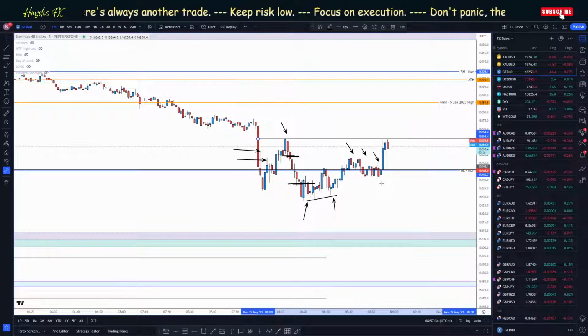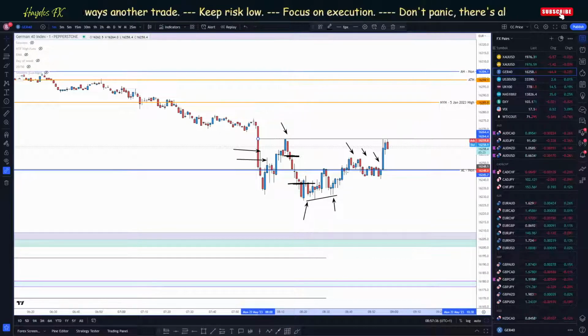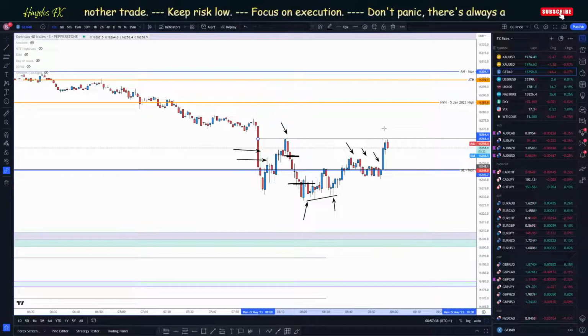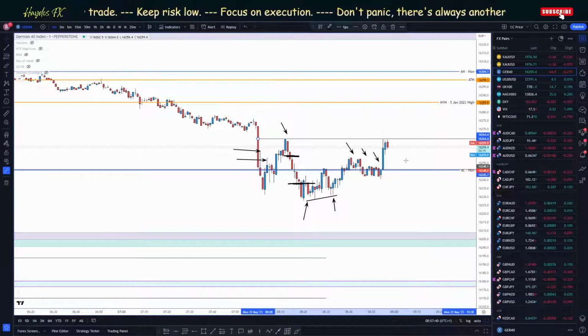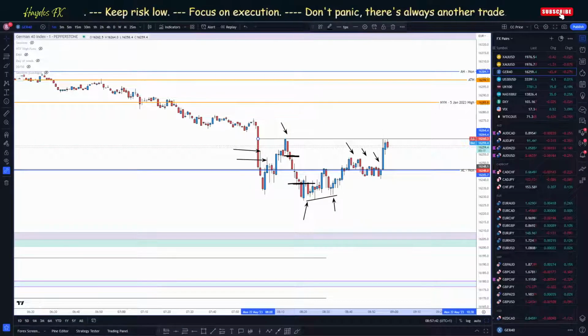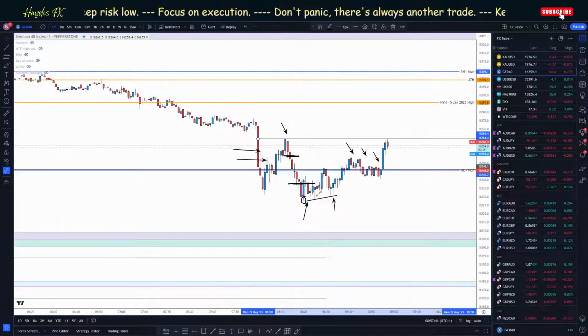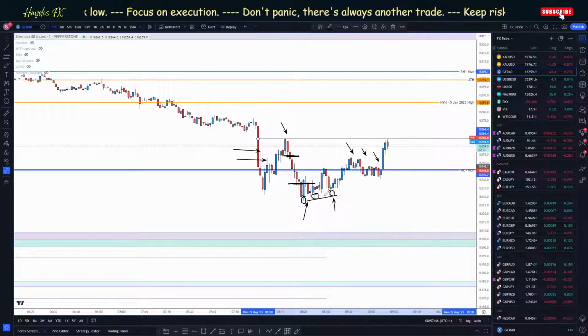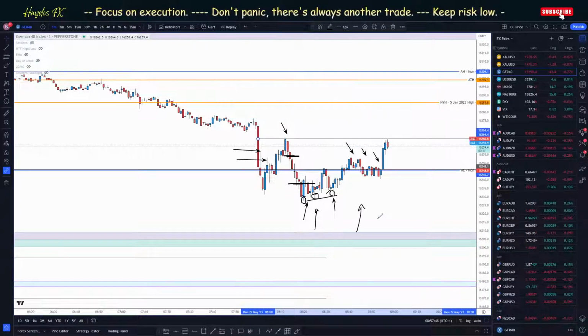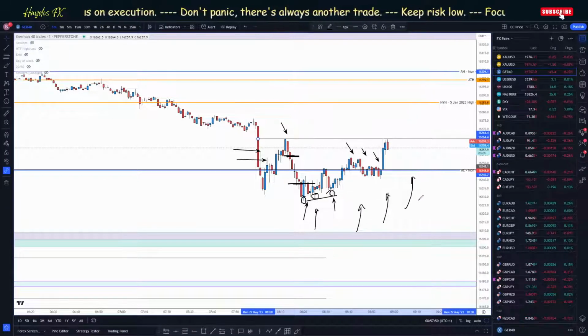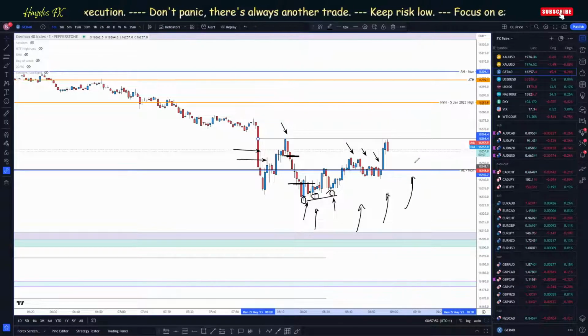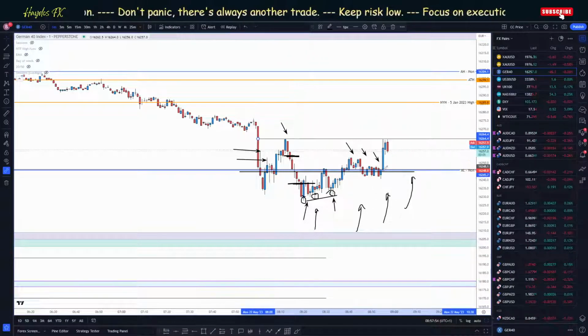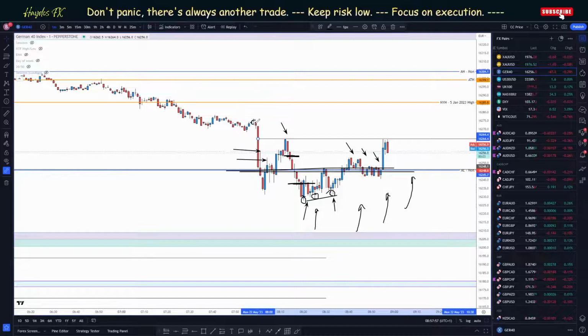It's 260 for the buys. You can wait till you start seeing more wicks being left from the top. But at the moment, it looks like the flows are looking more bullish now. So let's see if this can actually hold. Definitely take some profits though at the open here.